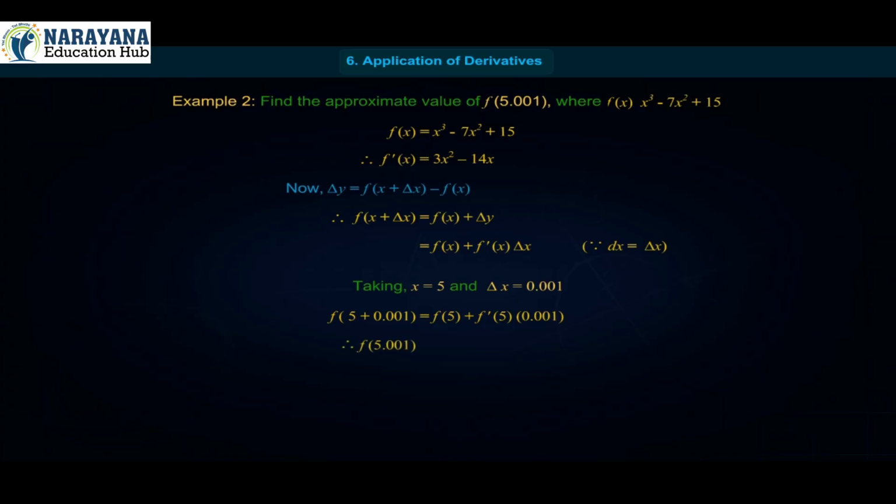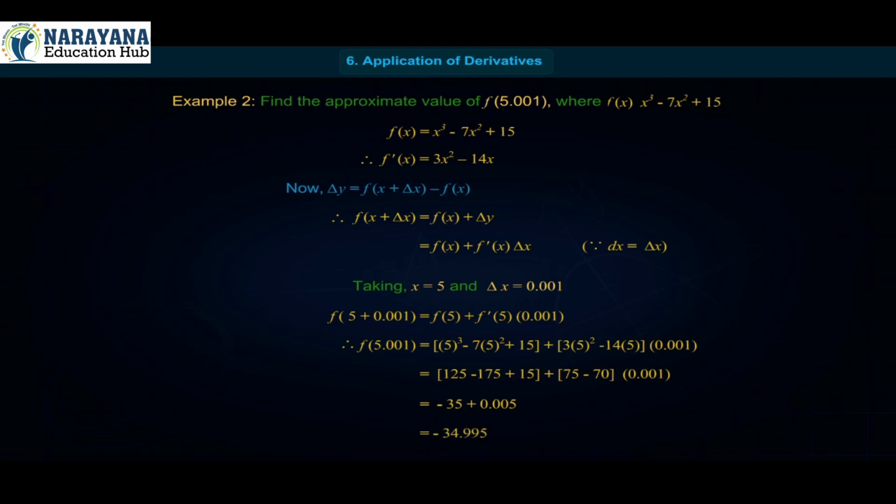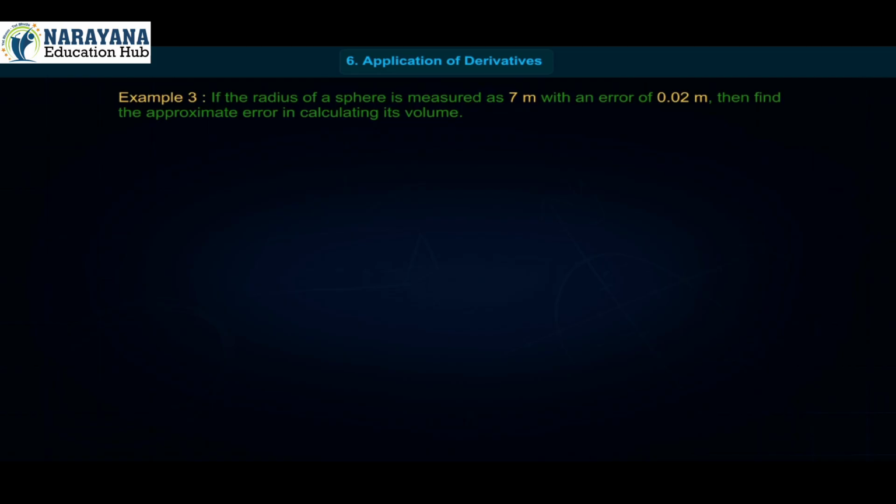Therefore, f of 5.001 is equal to 5 cube minus 7 into 5 square plus 15, plus 3 into 5 square minus 14 into 5, into 0.001, is equal to 125 minus 175 plus 15, plus 75 minus 70 into 0.001, is equal to minus 35 plus 0.005, is equal to minus 34.995.